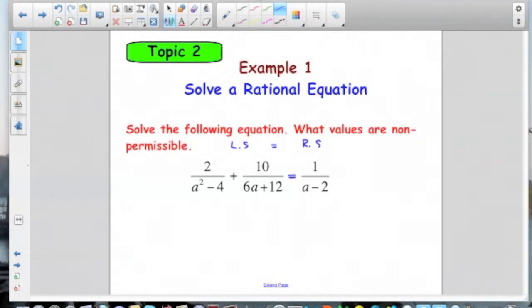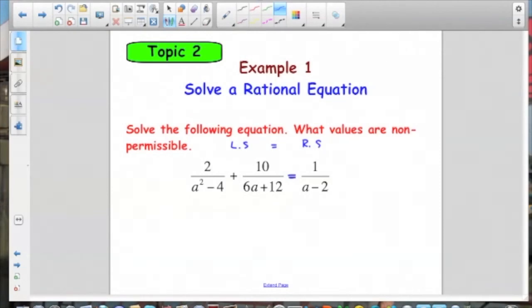Okay, so let's get rid of fractions. All right, so we want to get rid of fractions when we want to solve equations. So it's similar to finding the lowest common denominator we did earlier, but now we're going to cancel out the fractions.